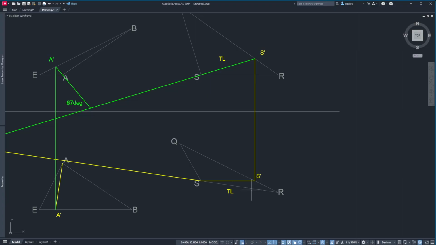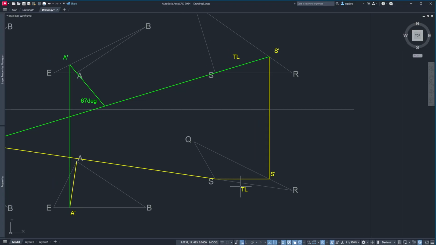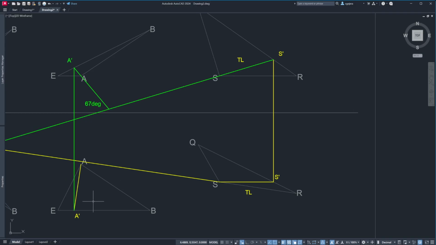So, ibig sabihin, kung meron akong piniling random line dyan within QRS, then I would always find in any view, because of the infinite number of lines that are existing in QRS, if there was truly a perpendicular line in EAB, then it will always manifest itself, kumbaga dapat. Because infinite yung number dito of lines that can be truly perpendicular to it.